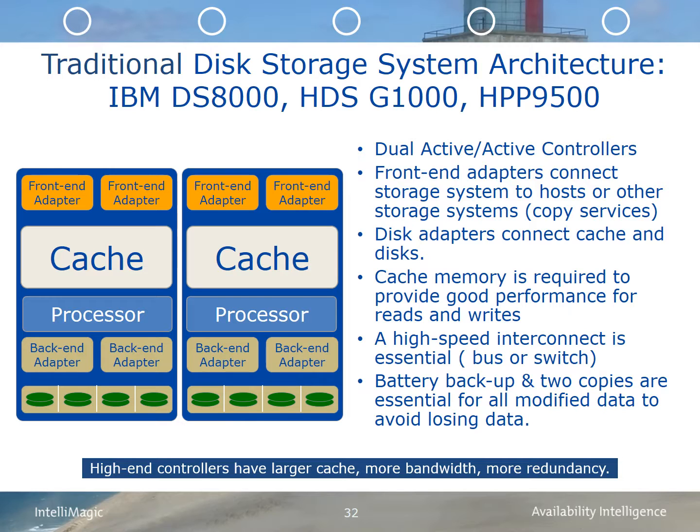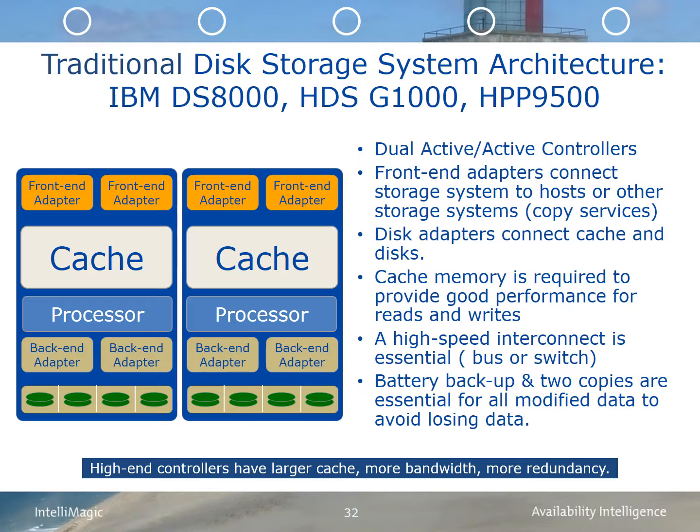There are disk adapters on the backside that connect cache and disk together. The cache memory is required to provide good performance for reads if there are read hits and for servicing fast writes. Also, there is a high-speed interconnect bus or switch between the cache in the front end and the cache and the processor in the back end.